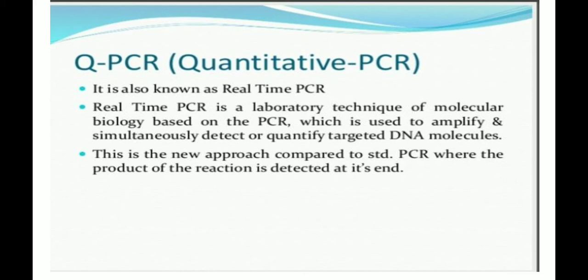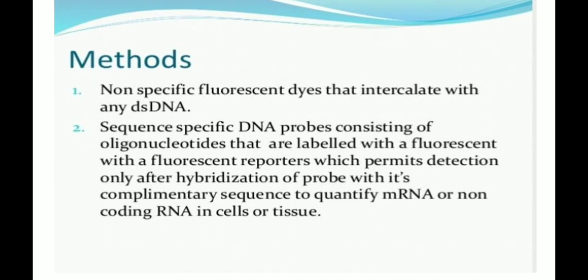This is the new approach compared to standard PCR, where the product of the reaction is detected at its end. Like in ordinary PCR, we can just amplify DNA, right? But by using this technique you can detect also. That is the difference between ordinary or standard PCR and qPCR, that is real time or quantitative PCR. Here there are some methods, like non-specific fluorescent dyes that intercalate with any double-stranded DNA.